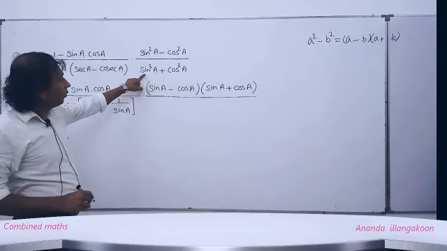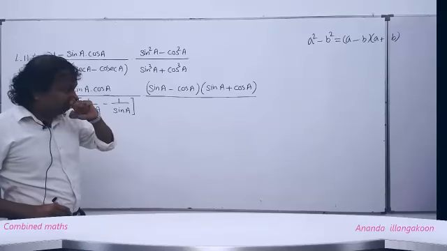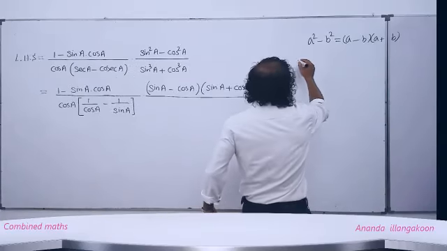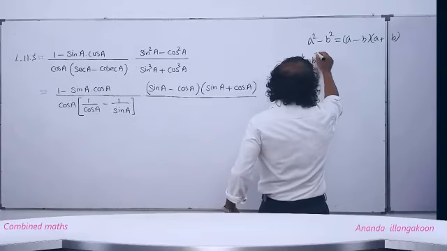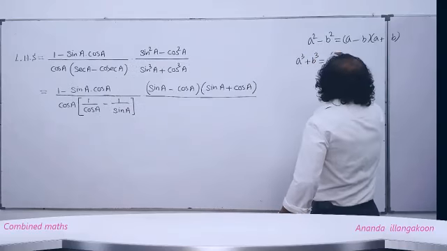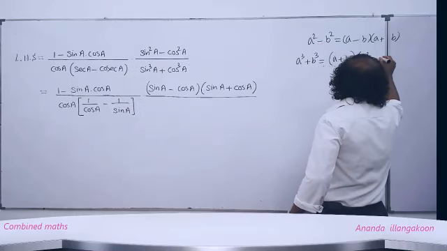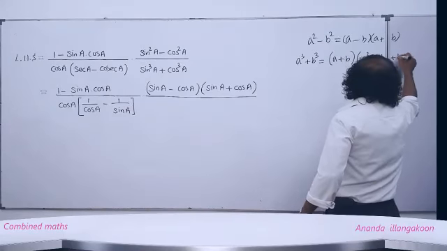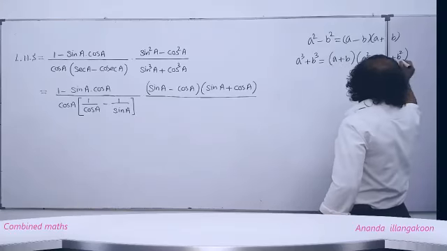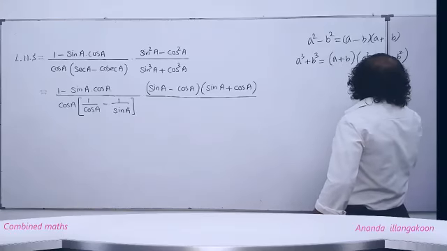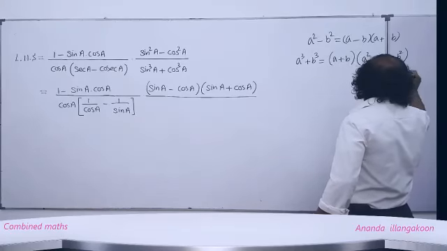Now this one, A cube plus B cube, sum of two cubes. What are the factors of sum of two cubes? First, ignore this powers 3, A plus B, and then A squared minus AB plus B squared.